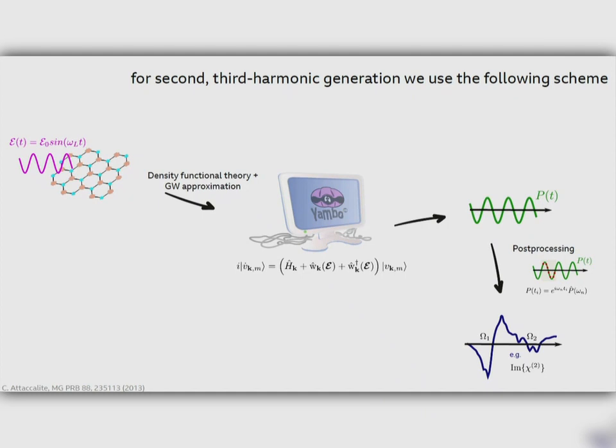If we just want the second and third harmonic, we input a monochromatic field, and then we do a Fourier analysis on the output signal to get the second harmonic, third harmonic, and then we repeat this for all frequencies of interest.